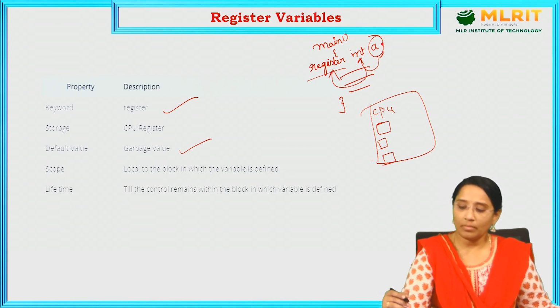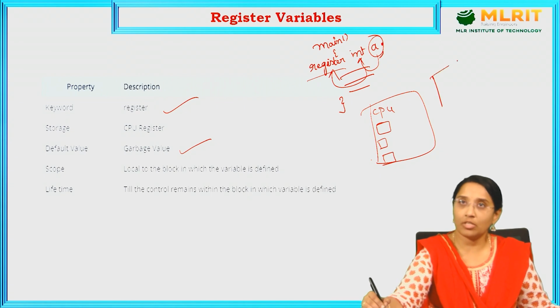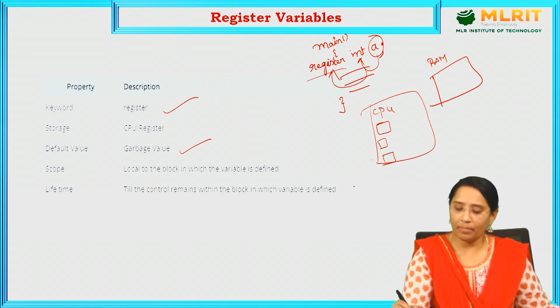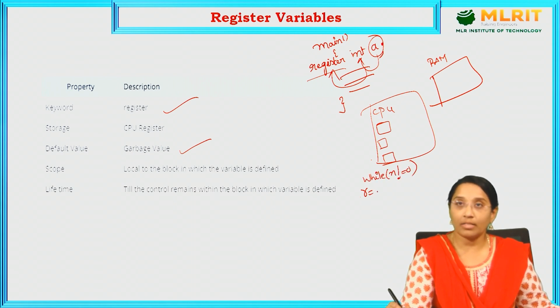Suppose this is your computer memory, RAM, and you have written a program like this, for example to reverse a given number. Suppose 123 is the number. After reversing, I should get 321.